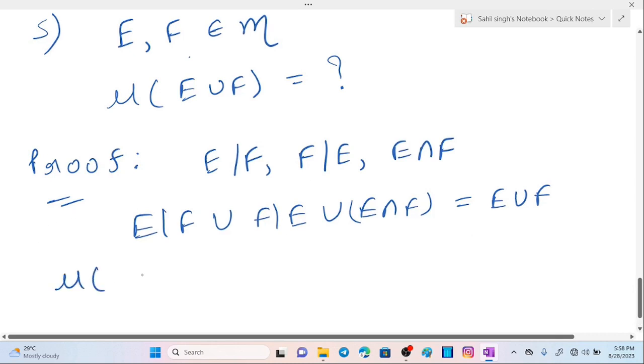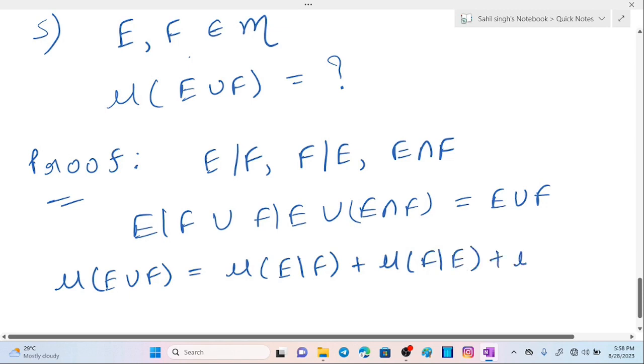We will get mu of E union F equal to the sum of all these individual measures, that is mu of E but not in F plus mu of F but not in E plus mu of E intersection F.